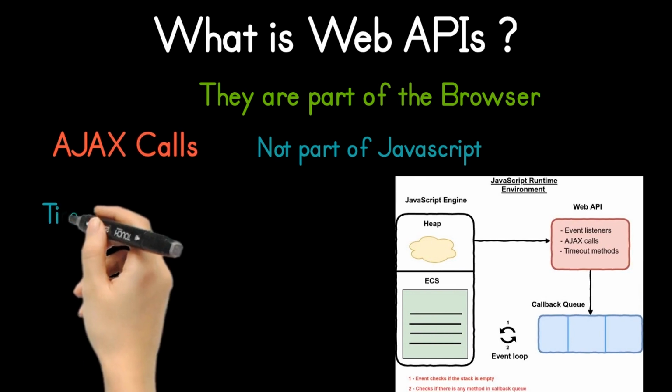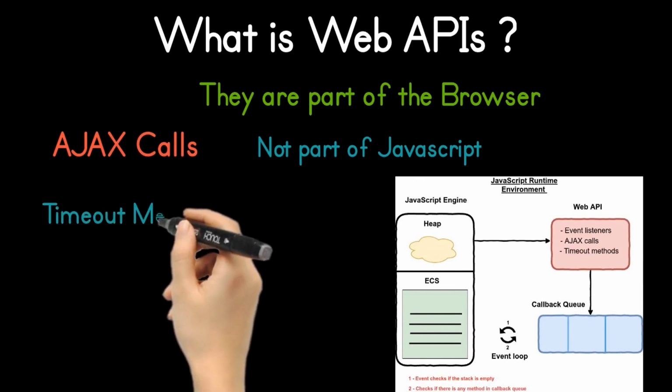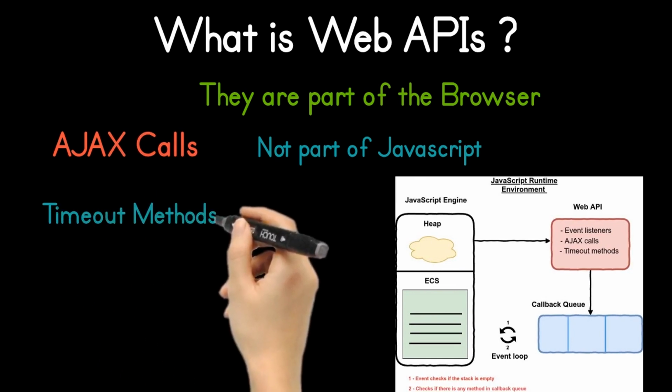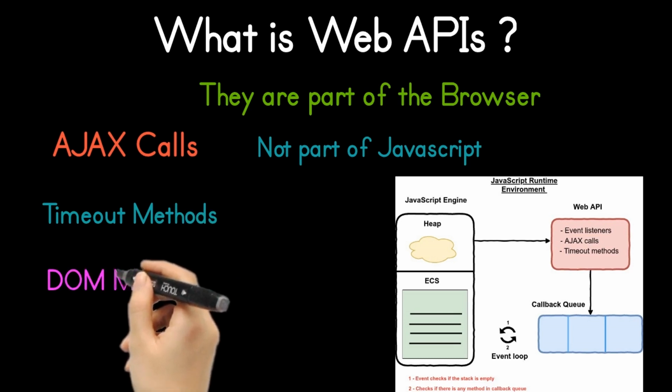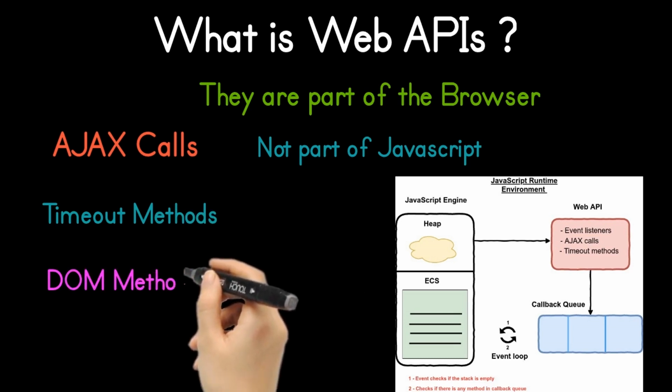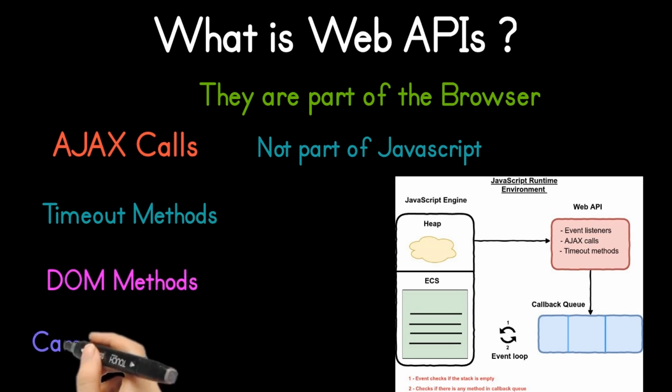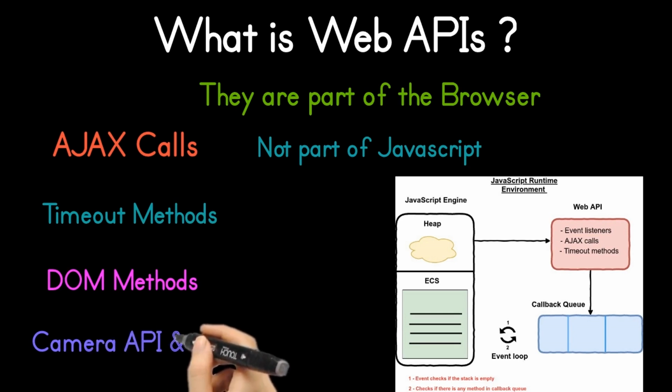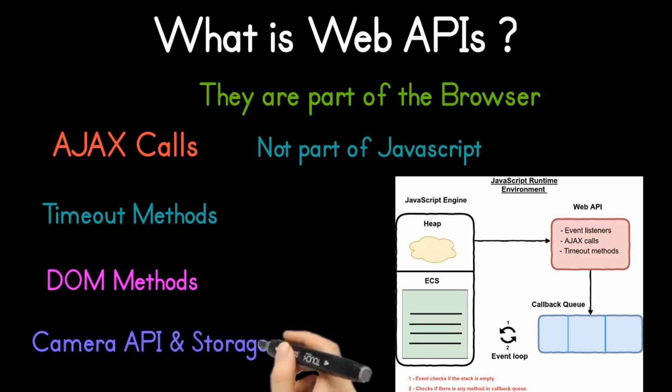This includes AJAX calls like XMLHttpRequest calls to the network to fetch some data. This also includes timer methods which are used to delay something. And then we also have the DOM manipulation methods, document.getElementById, querySelector. All these things are provided by web APIs.